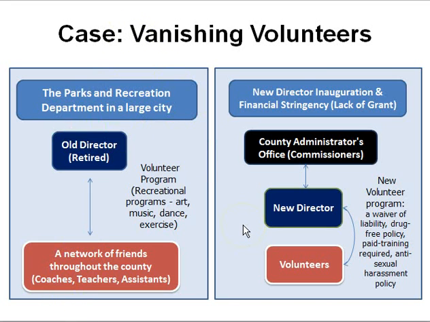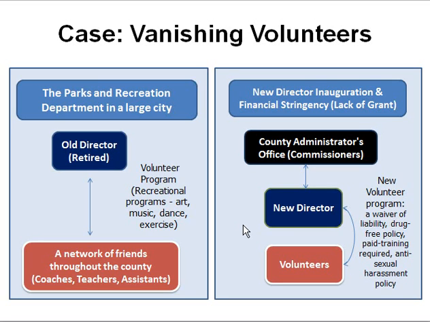This case is written by Harani. There is a parks and recreation department in a large city. The old director successfully ran his own volunteer program for the department. For example, anyone who called in would be listed on a roster with their name, had a chance to talk to the director and choose a role, and then could easily run that role in the program.